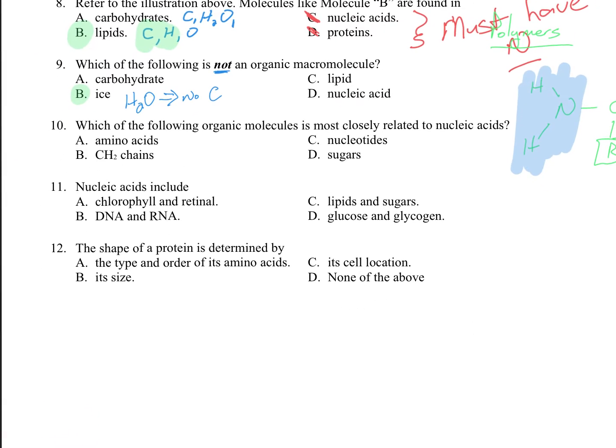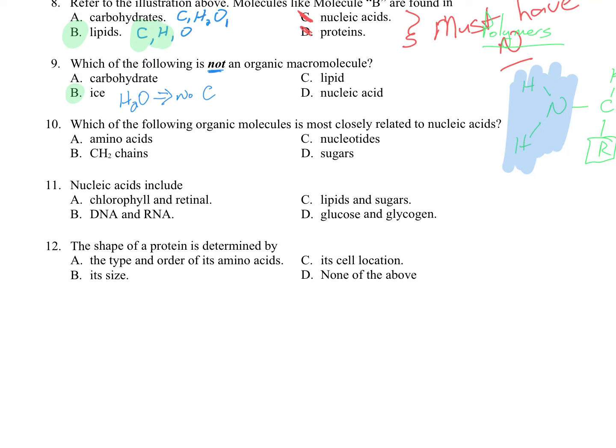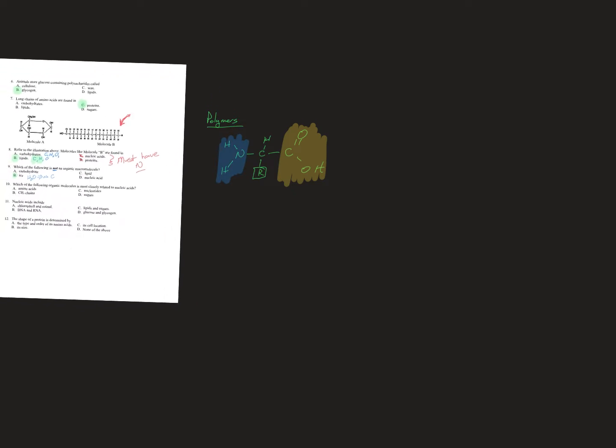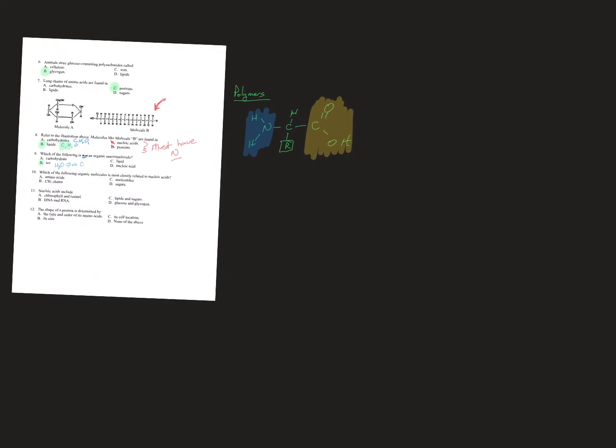All right. Which of the following organic molecules is most closely related to nucleic acids? Is it A, because amino acids have nitrogen? You're right. They both have nitrogen, so they're related. But that's not the answer because it's not the most closely related. Nucleic acids, look at the words. The words tell you it all. Nucleotide. And if you remember, and maybe you don't, we didn't cover a lot of DNA and RNA, but I said there's one thing you need to know on the test.